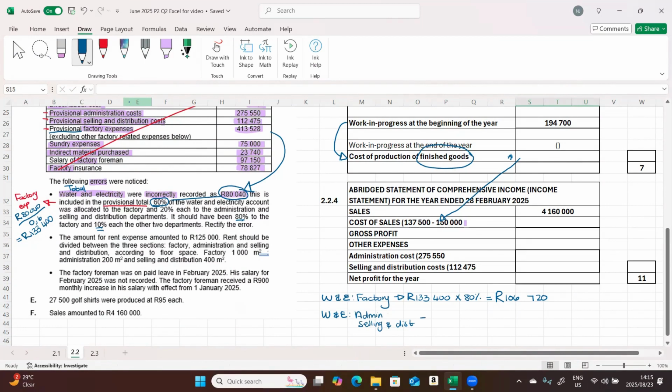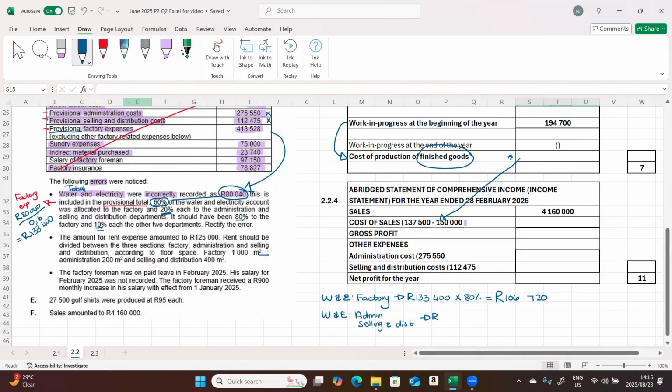So what we are going to do is, we did not have the previous incorrect amount. So we have to calculate this incorrect 20%. Do you guys understand? Because this incorrect 20% is already included over here and over there.